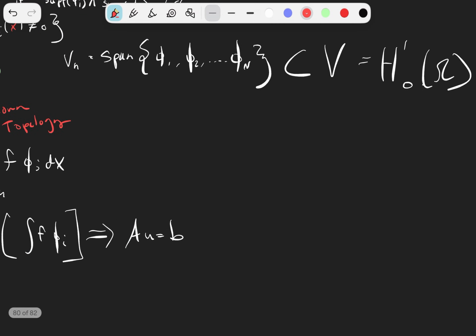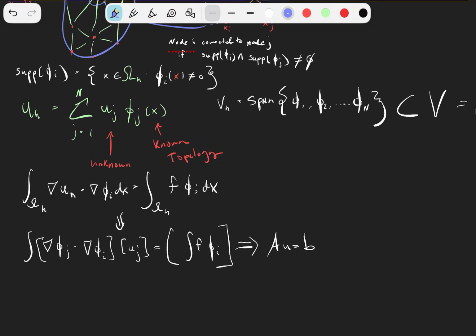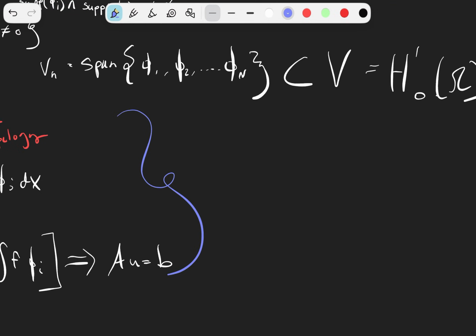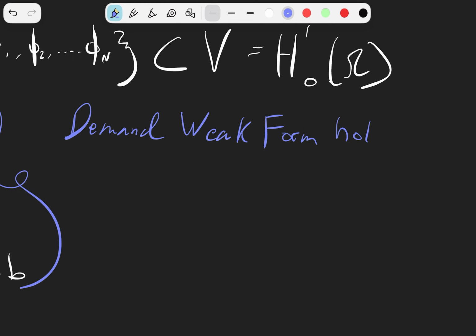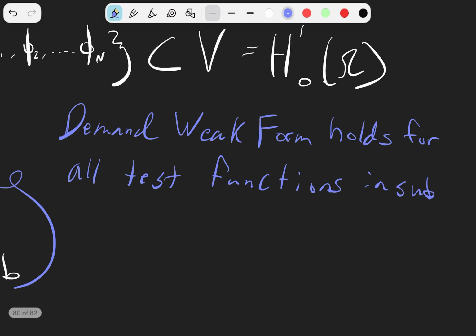Now, again, what we need to do is for this guess to work, we need to demand mathematically that the weak form holds for all test functions in the subspace.